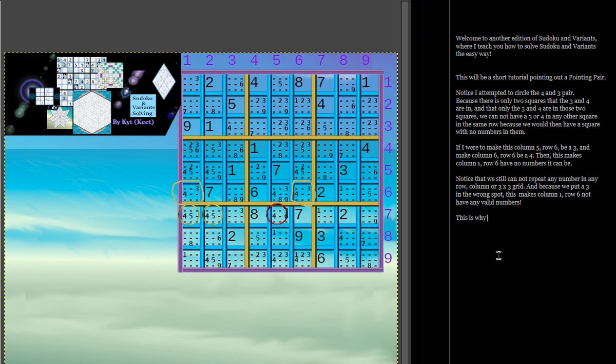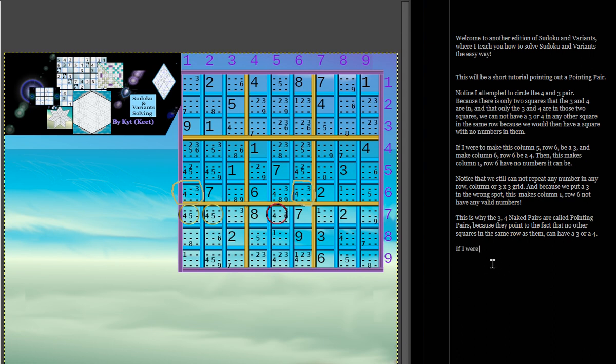This is why the 3, 4 naked pairs are called pointing pairs, because they point to the fact that no other squares in the same row as them can have a 3 or a 4.